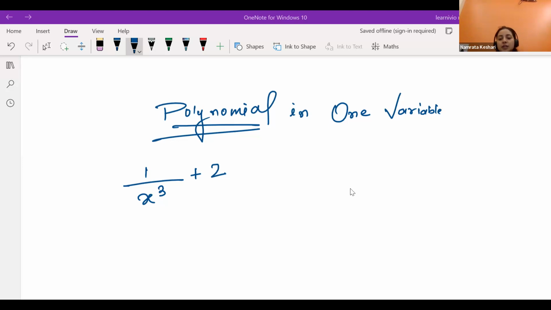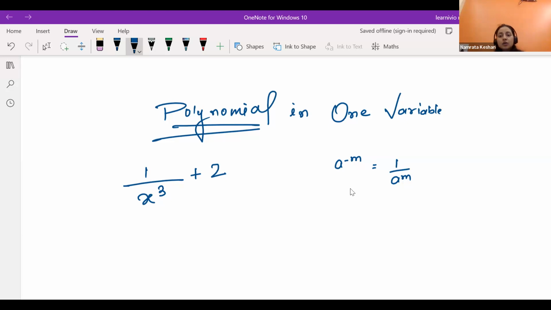Is it a polynomial? See, the answer is no, it's not a polynomial, because in the first chapter you must have learned the law of exponents, and the law of exponents says that a to the power minus m is equal to 1 by a to the power m. This formula is not only for making the exponent from negative to positive.